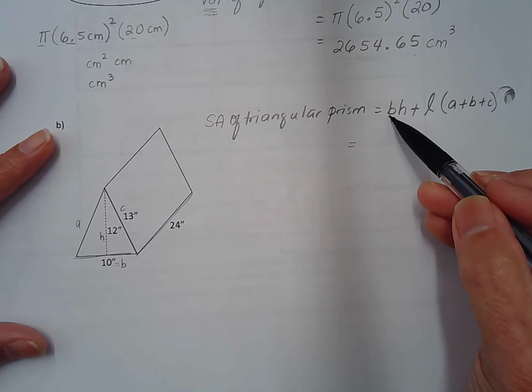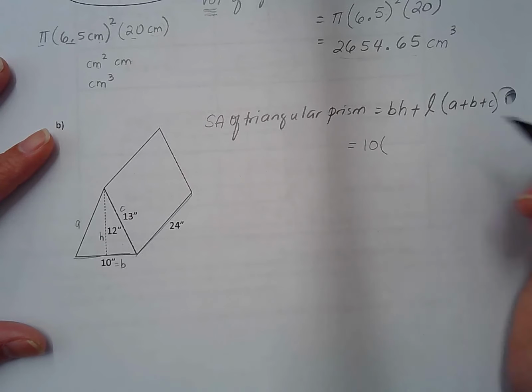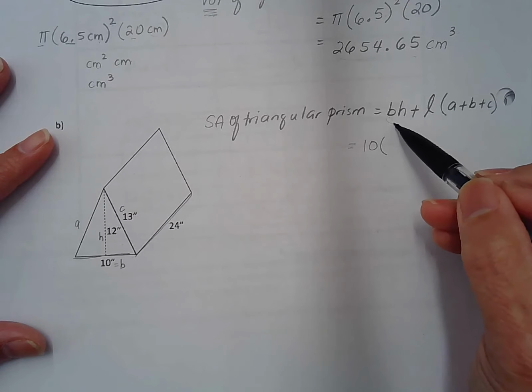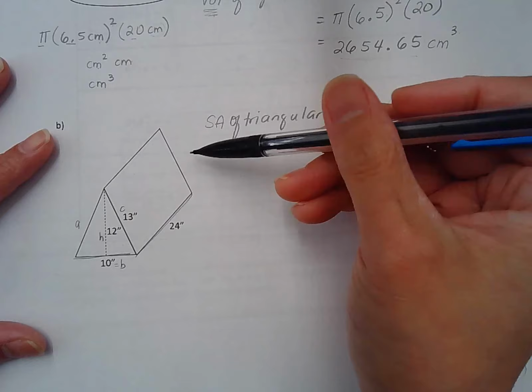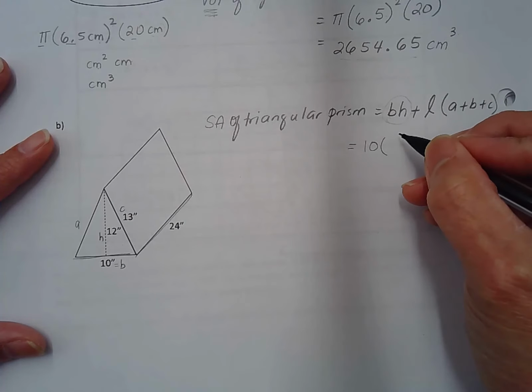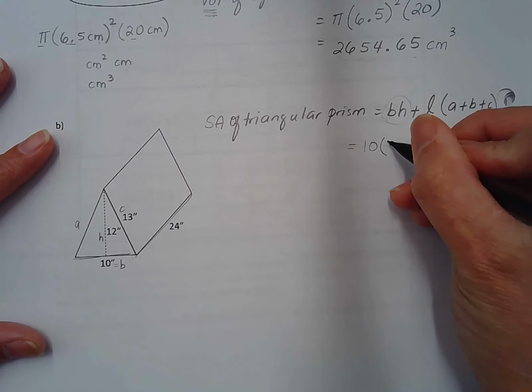So what does the B? B is the 10 times the height. So this one talks about the two triangles, the front triangle and then the back triangle. Base times height. Height is 12, yes?